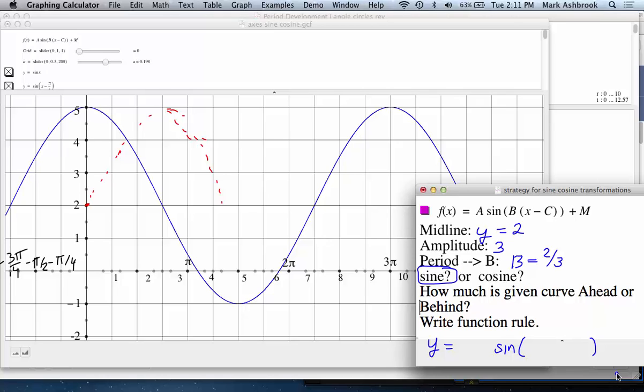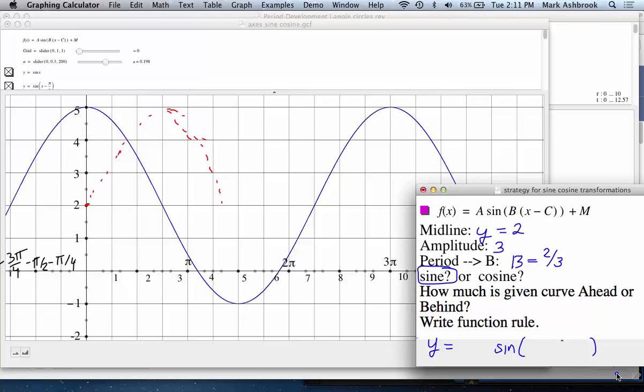Can you read my scale, what I wrote over here? Each one is pi over 4. Three pi over 4 ahead, right? So our curve is starting 3 pi over 4 ahead of the actual sine curve.